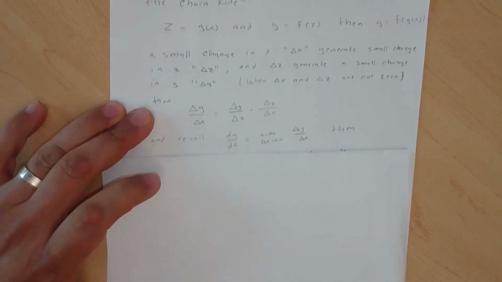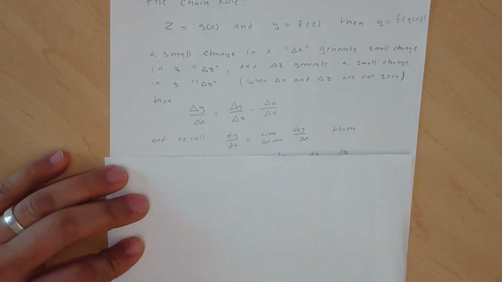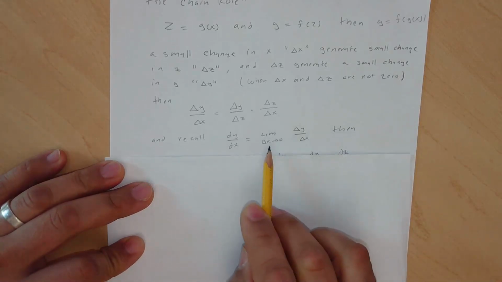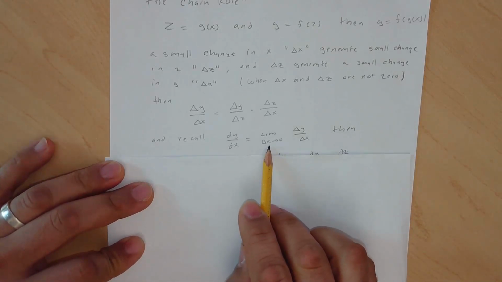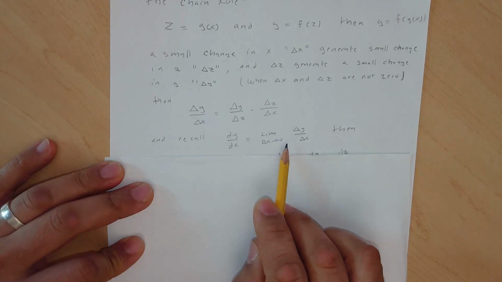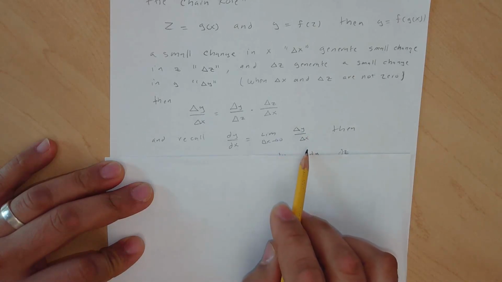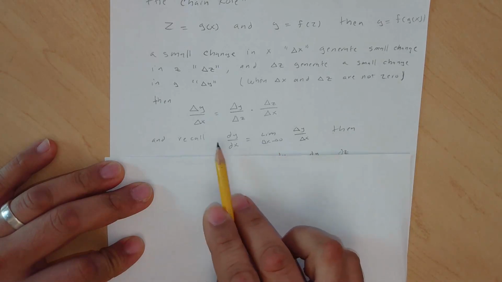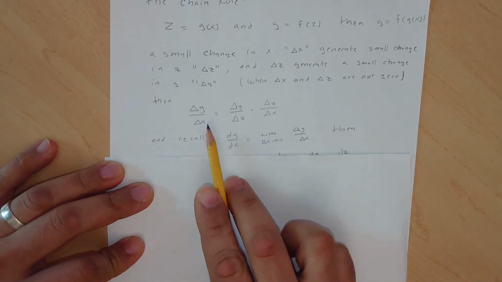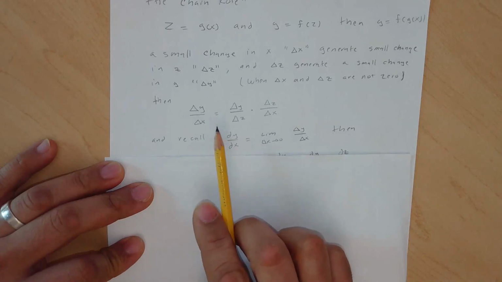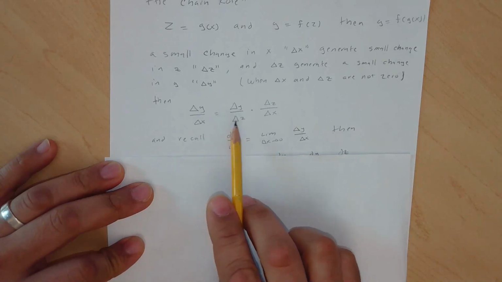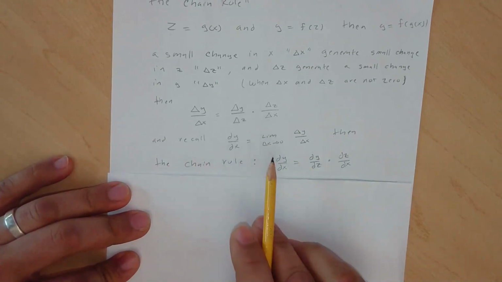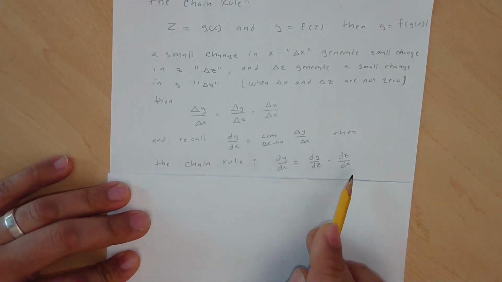We should recall that the derivative of y with respect to x is the limit as delta x tends to 0. So whenever we have this ratio and the limit, we have the derivative. If we apply the limits to all these small changes, we will have the famous chain rule, which is this one.